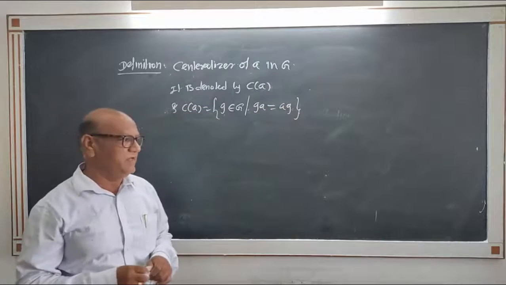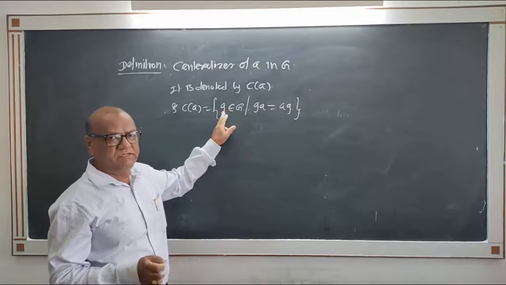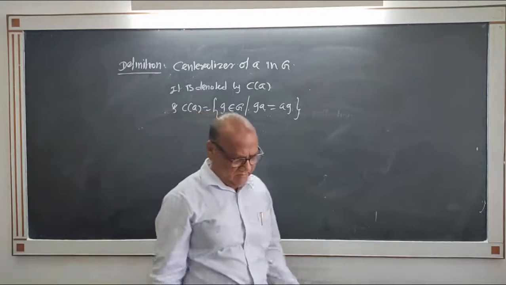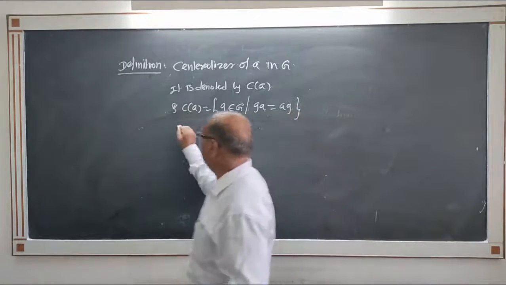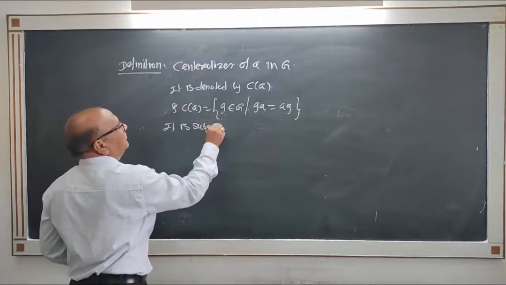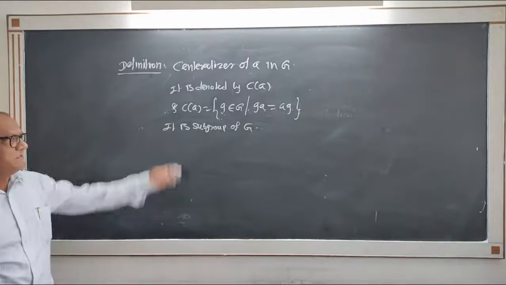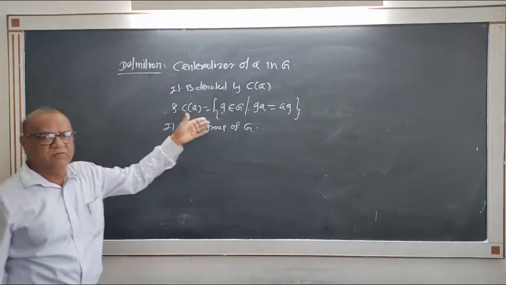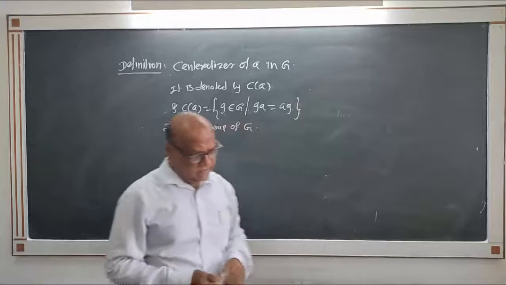This is the centralizer of A in G. That means it contains those elements of G which commute with A, and it is a subgroup of G. In the same way as we proved the center of G is a subgroup, similarly it is also a subgroup.